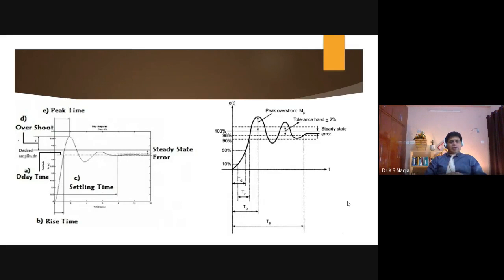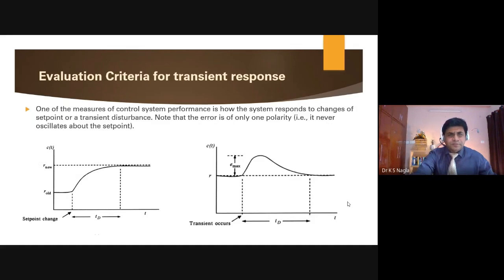Similarly, the delay time is also mentioned here. There are other parameters you already know, such as the overshoot and underdamping. The tolerance band is also given here. These types of responses, in the form of transient as well as steady state, are the objective.